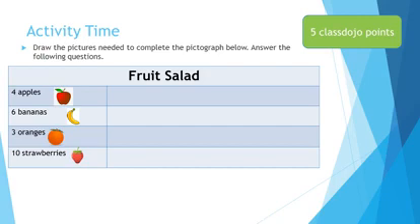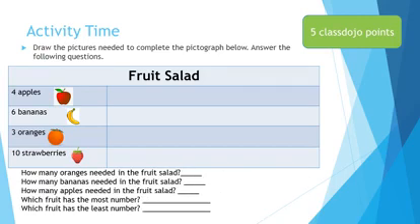So what you have to do is draw the fruits needed for my fruit salad. The numbers are already written, but you have to draw the fruits, okay? After you finish the pictograph, you have to answer the following questions.